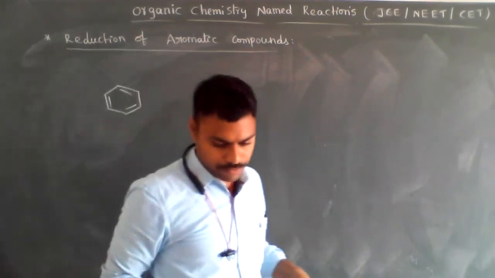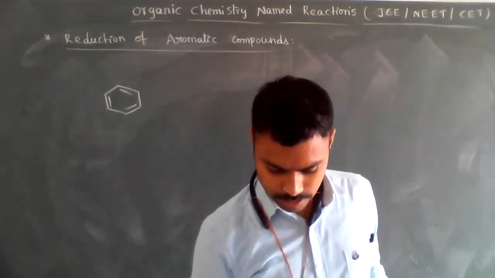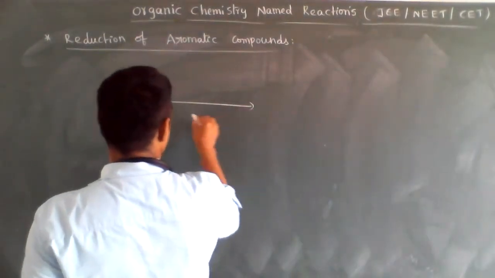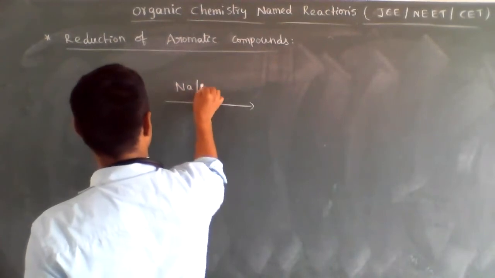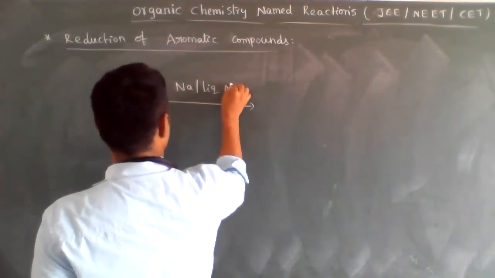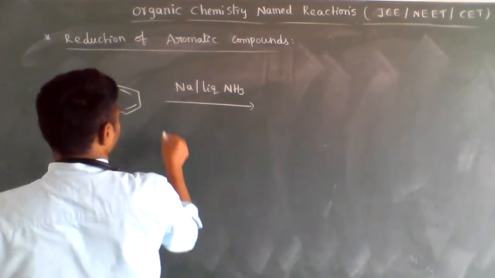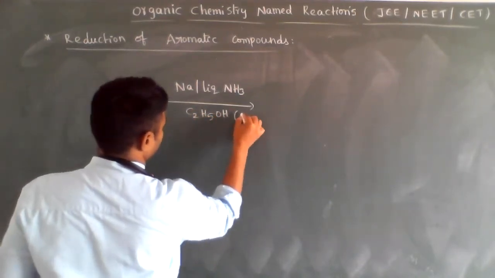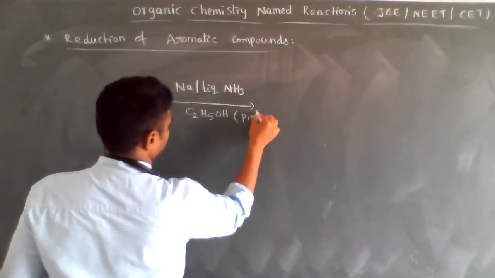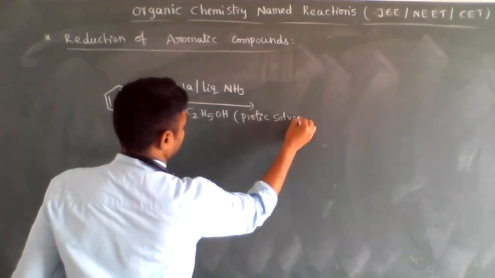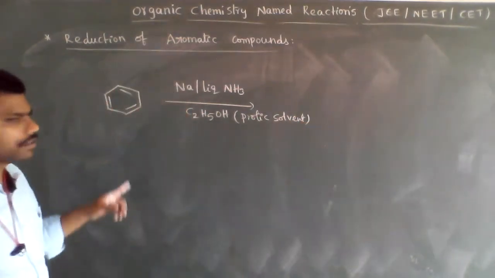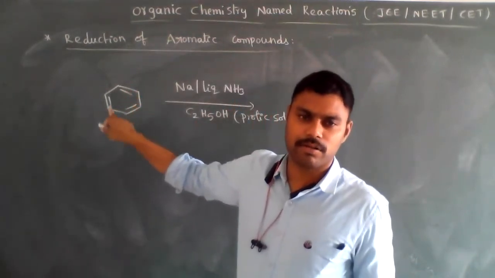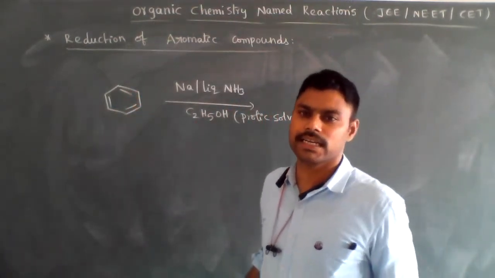Benzene is present. See, benzene in the presence of sodium, liquid ammonia, and a protic solvent, ethyl alcohol. Out of this, conjugated double bonds are present: double bond, single bond, double bond, single bond. Then it is converted into isolated dienes.